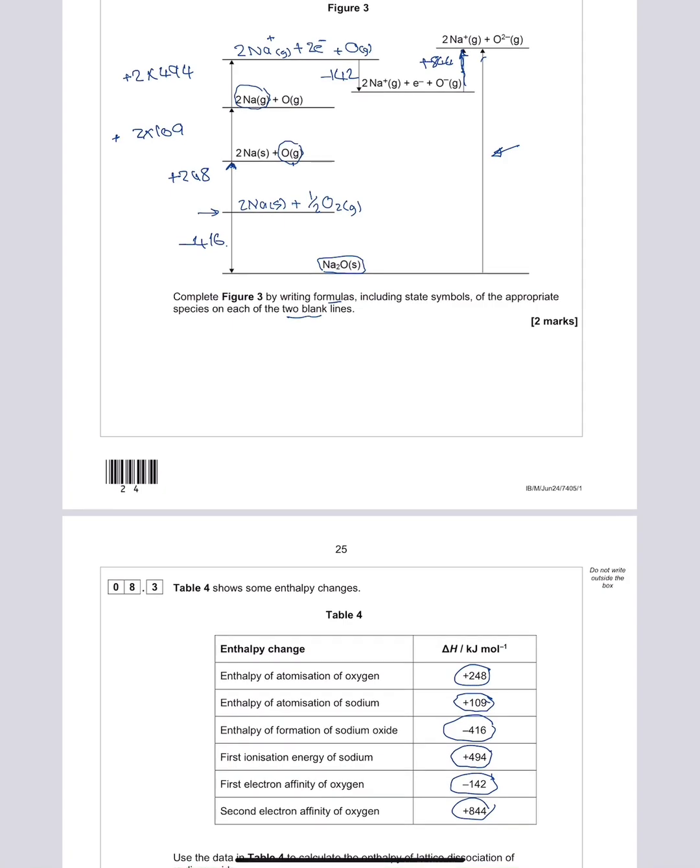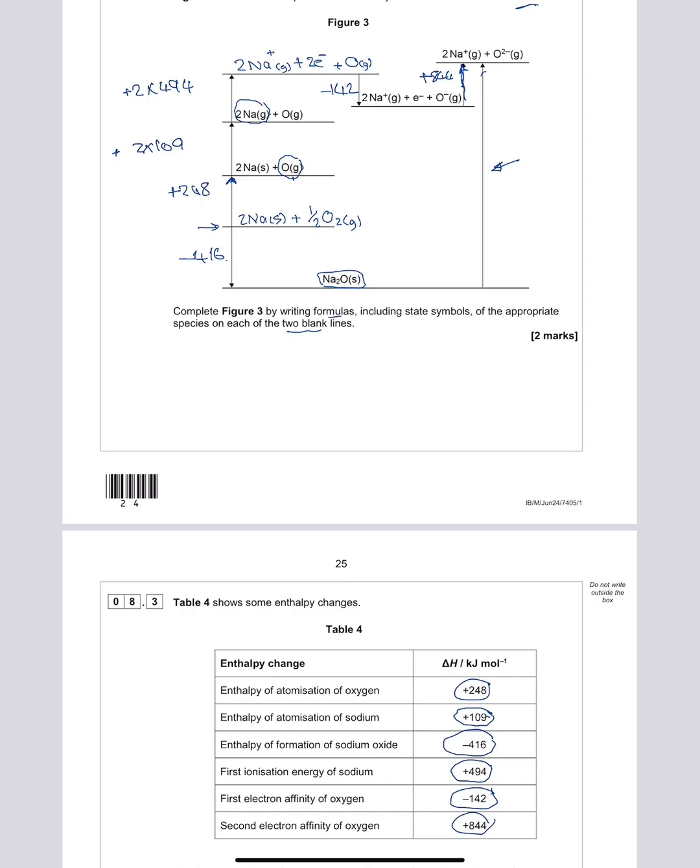Now, following Hess's law, the steps with the same direction of the arrow, the total enthalpy change for these will equal the total enthalpy change for the ones over the opposite direction. So now these two will have the same direction.